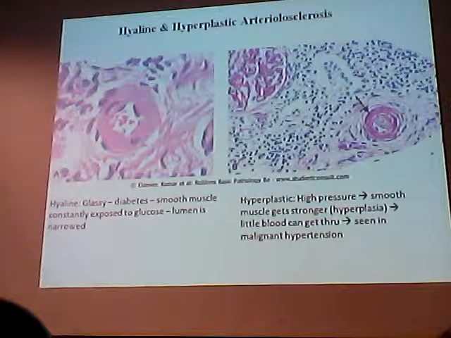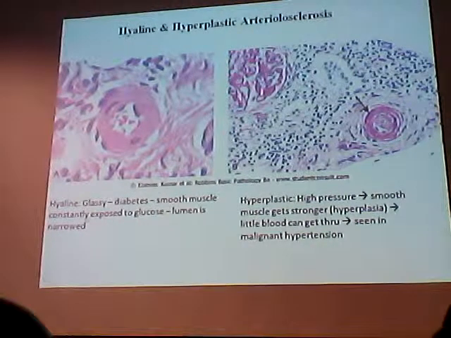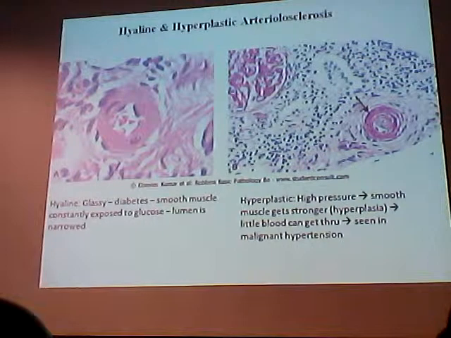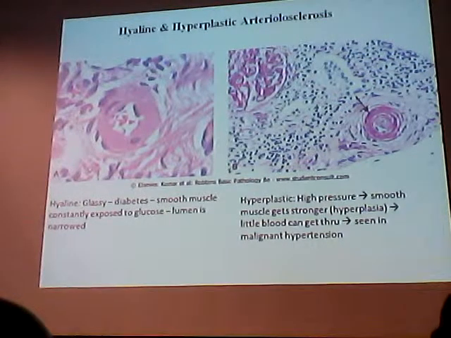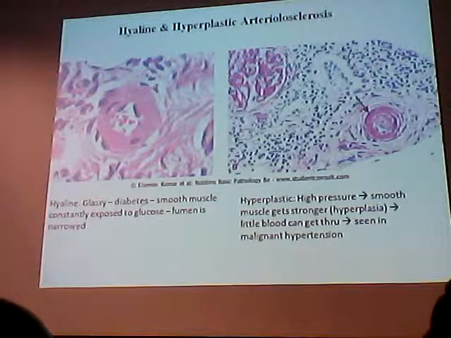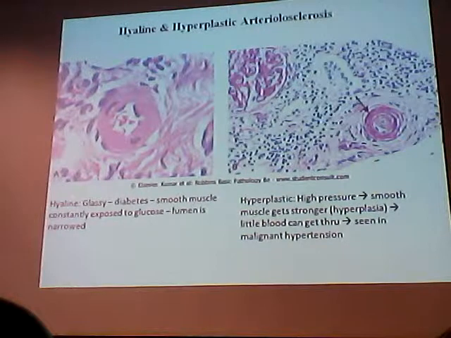Hyaline and hyperplastic arteriosclerosis. So with hyaline arteriosclerosis, it's kind of a glassy texture or look to it. And this can be seen with diabetes, and that's because the smooth muscle is constantly exposed to glucose. And so the lumen starts to narrow.